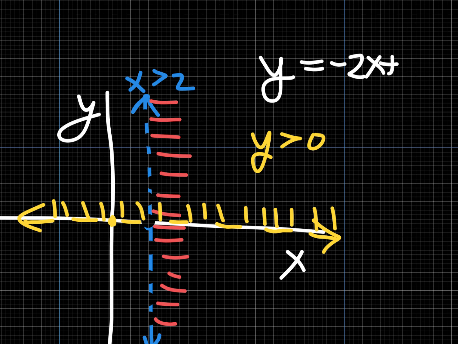Now, if you have to graph that, first of all, you have to remember that the y-intercept is where you would start. Do you remember on y equals negative 2x plus 8 what the y-intercept is? Carlos, what's the y-intercept? 8. So you'd go up to 8 on the y-axis and you'd put a dot there.